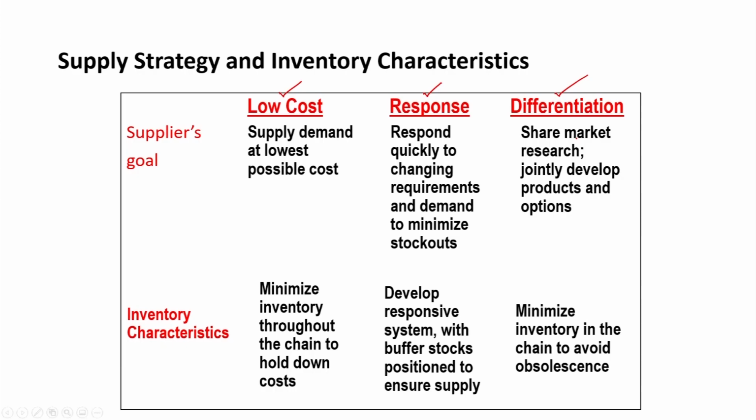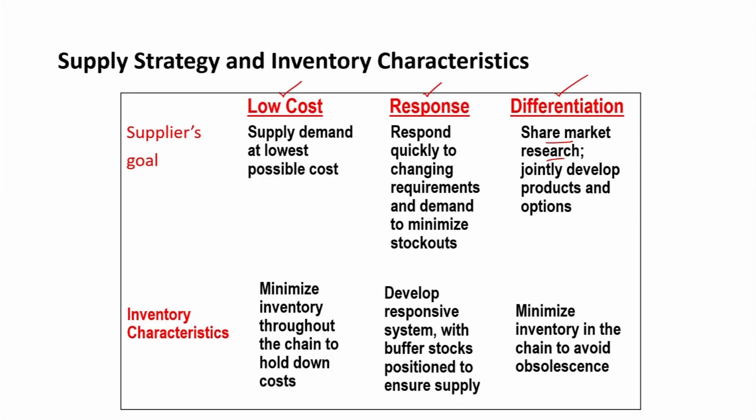In case of differentiation, we need a vendor who can involve and share the market research with us and develop jointly with us. With respect to inventory, if the idea is to have minimum cost, I should work for minimum inventory throughout the supply chain, right from the supplier to the customer.